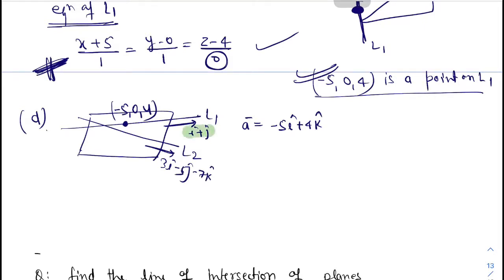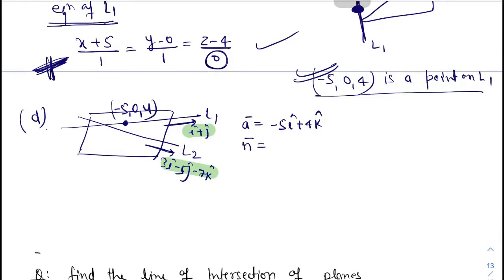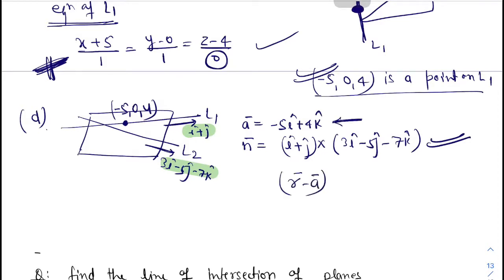If L1 is parallel to this vector, L2 is parallel to this vector, and L1, L2 are both lying inside the plane, then the cross product of these two vectors will be the normal vector of our plane. By solving this you can get the normal vector, and this is a point which is already lying in the plane, and then you can write (r minus a) dot n vector is equal to 0. So this will be our required plane.